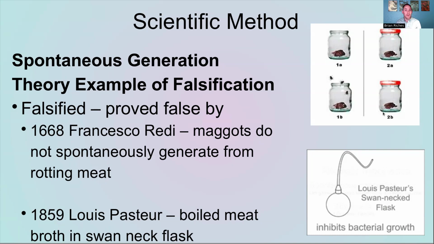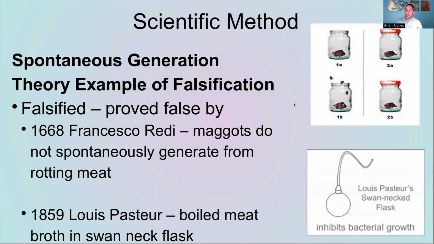It took quite a while because, as well as showing that one theory, spontaneous generation, didn't explain everything it should, you have to have a new theory to explain all of the new observations that you're making. One of the problems was that when another researcher might try this study, maybe they don't have as good control over the variables, over the environment. Maybe the jar is not sealed well enough.